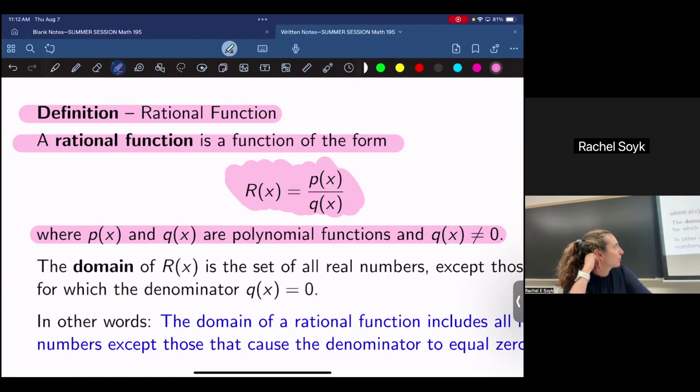Yep, good. So P of x and Q of x are polynomial functions, and Q of x is not equal to 0. Beautiful. Yep, we don't want that Q of x to equal 0 because if it does, then we have a denominator of 0 and it's undefined.